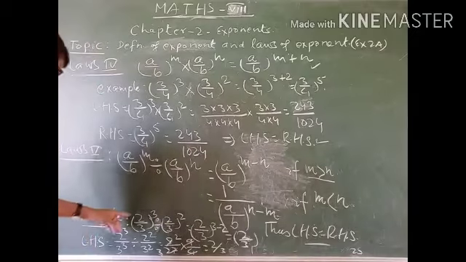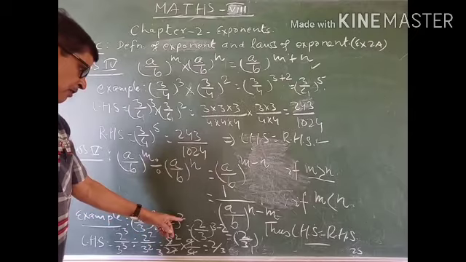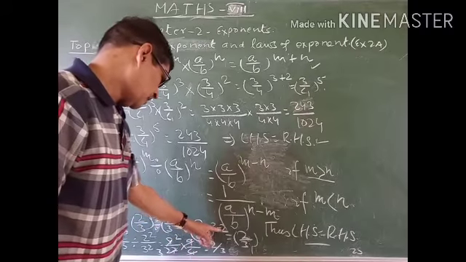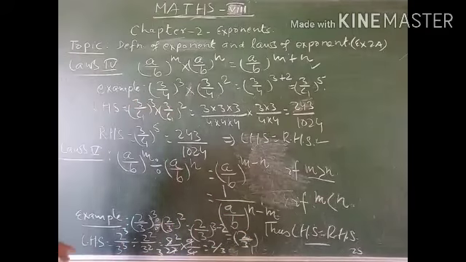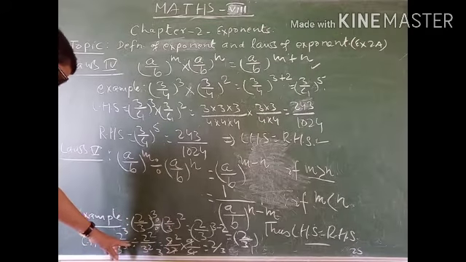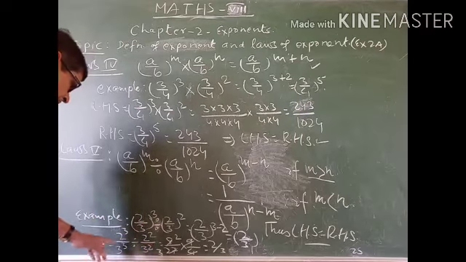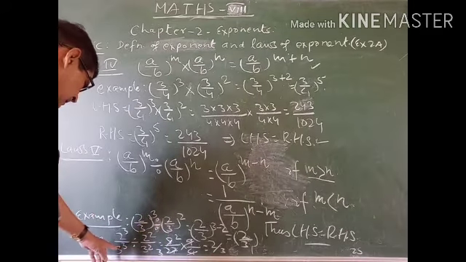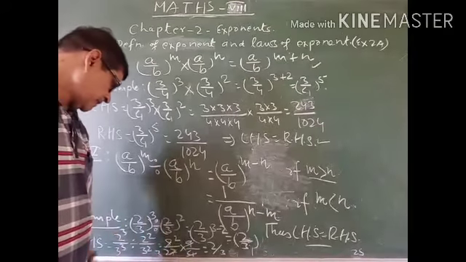For example, you can take (2/3) cube divided by (2/3) to the power 2. You can write this as (2/3) to the power 3 minus 2, that is (2/3) to the power 1. Now come to LHS: 2 cube over 3 cube divided by 2 square over 3 square. 2 cube gives you 8, and 3 multiplied 3 times gives 27.